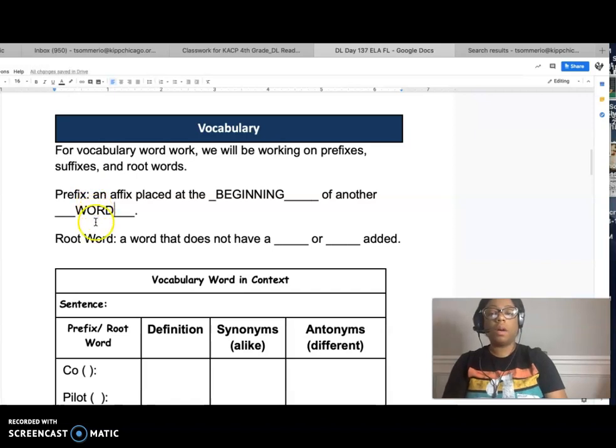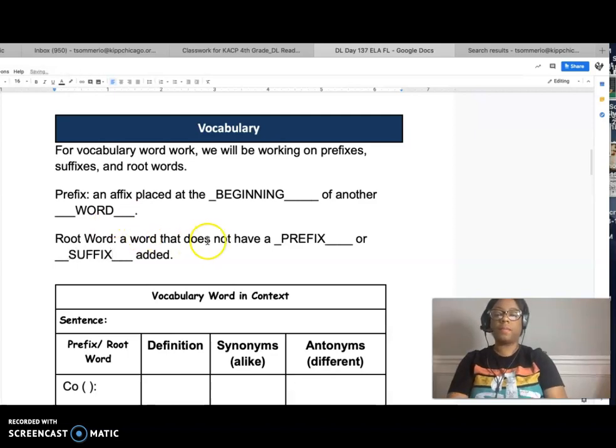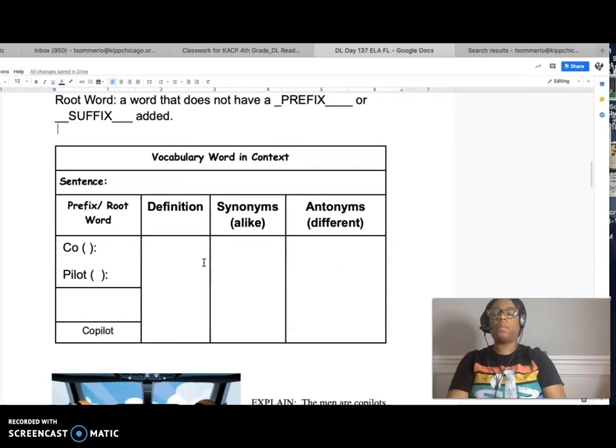And we also know that a root word is a word that does not have a prefix or a suffix added. Today's word, co-pilot. When we mush them together, we get co-pilot.